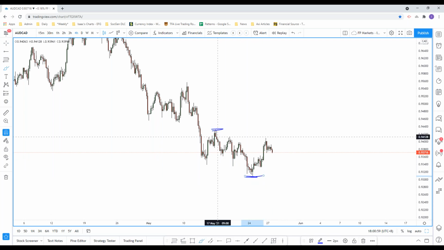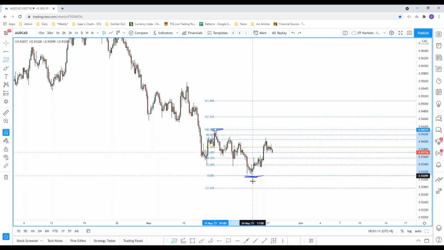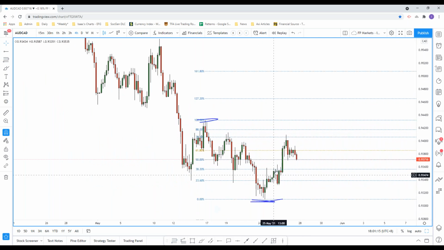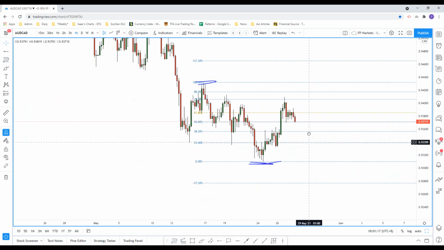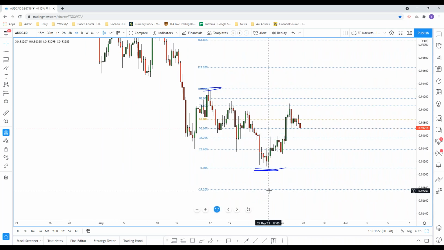I will not take all these small movements as swing highs because they are small compared to this big push up, compared to this drop down. So I'll do a retracement from high to low and look at where price reacted. Price broke, came up to 78.6. We can expect price to come down to the negative 27.20 as well.